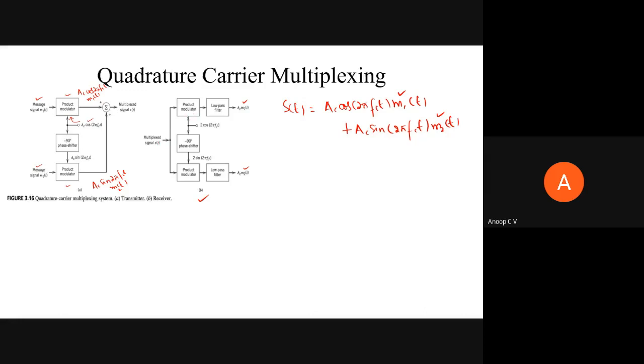In the receiver, we have two coherent detectors, a product modulator followed by a low pass filter, and again it is supplied with some carrier frequency. And again we have a lower arm of coherent detector. It is supplied with a carrier signal which is in phase quadrature with the first local oscillator signal.